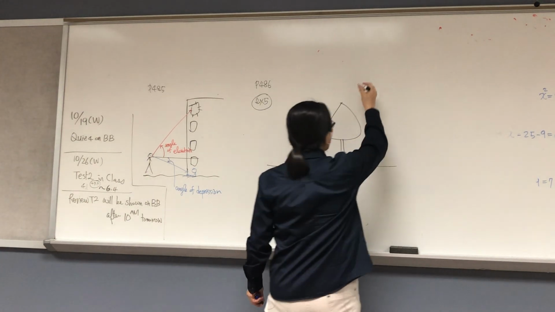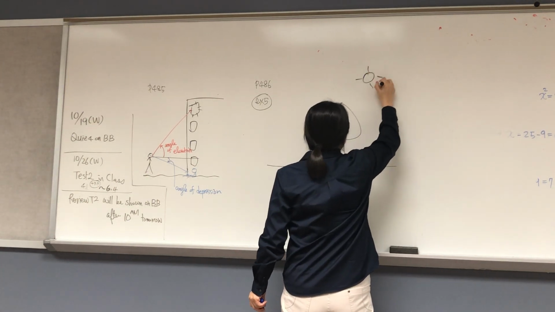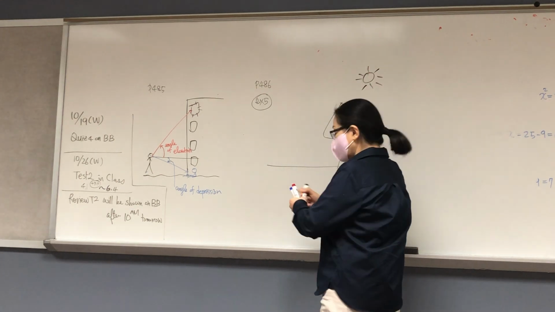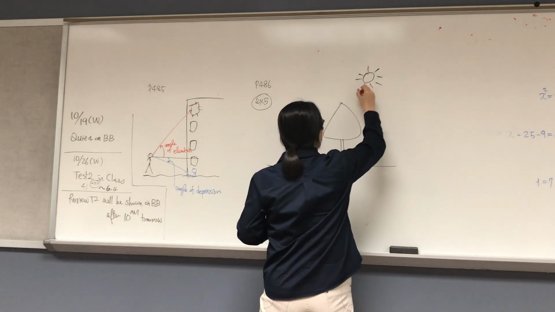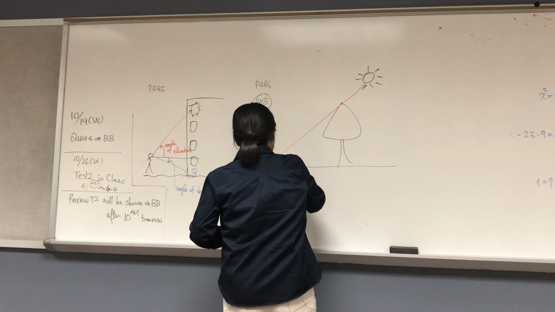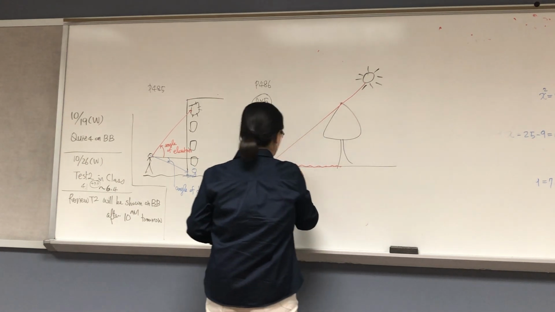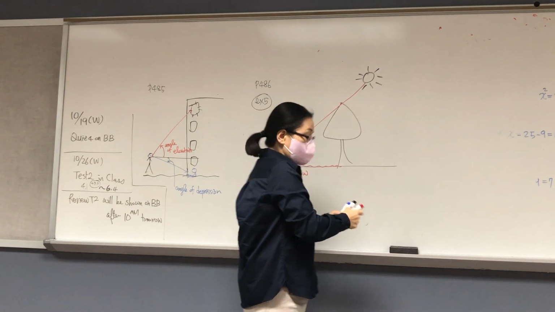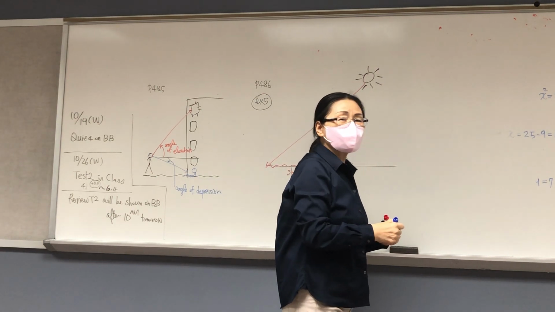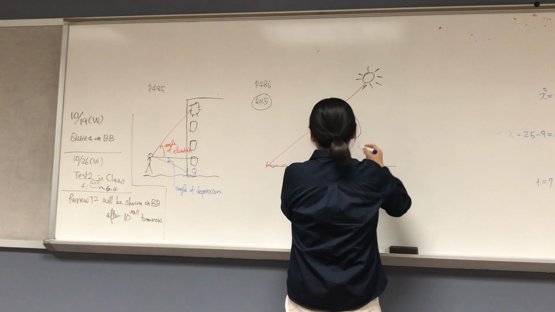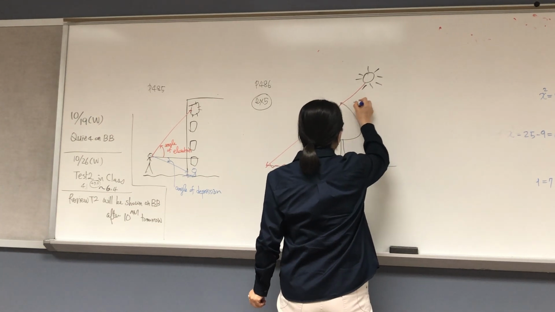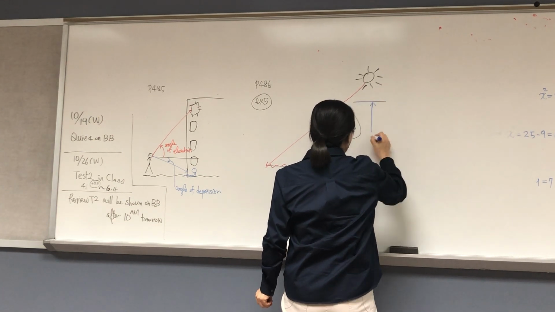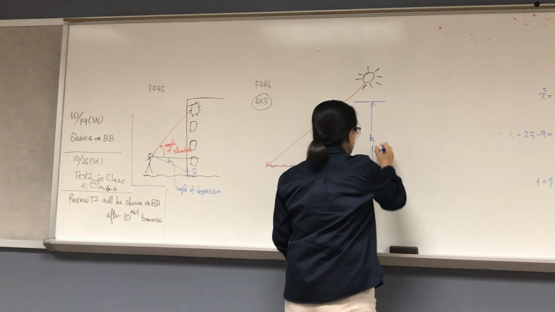And here is the light, the sun, and the sun makes a shadow like that. This is the shadow. Angle of depression? Yeah, down. And then we want to know the height of this giant tree. This is the question.